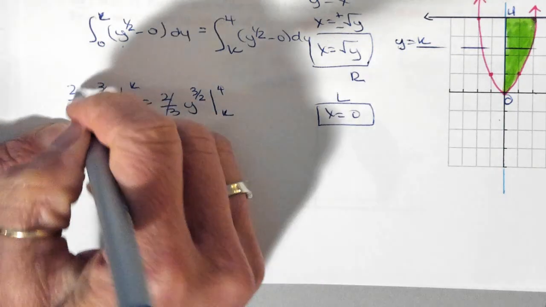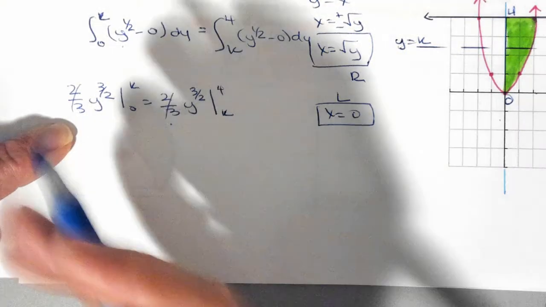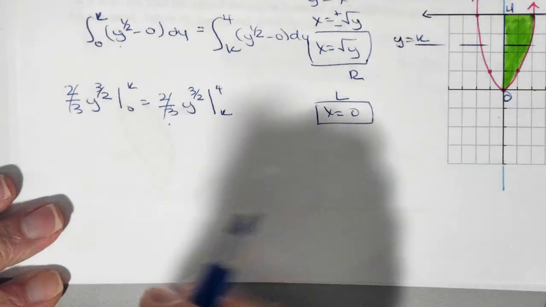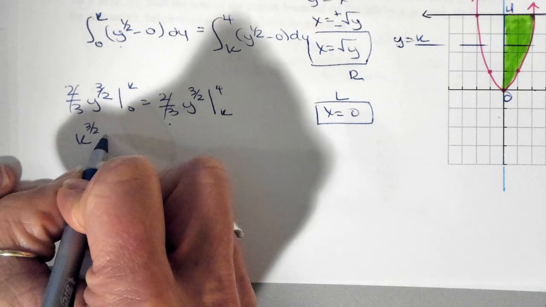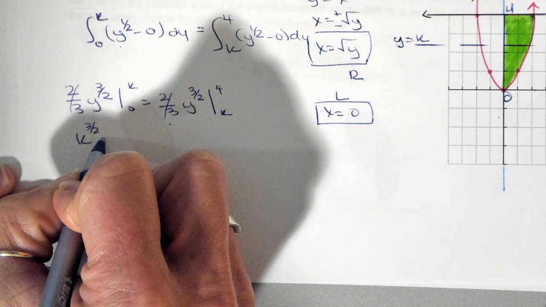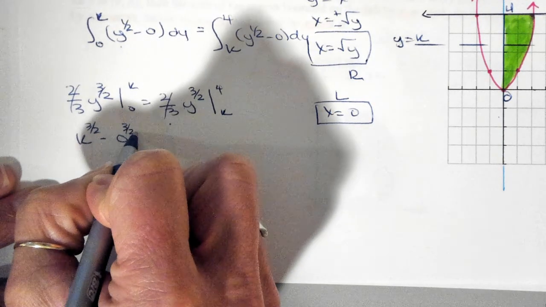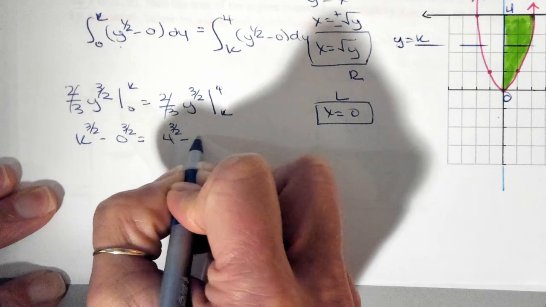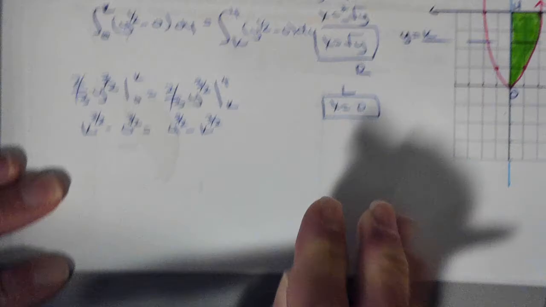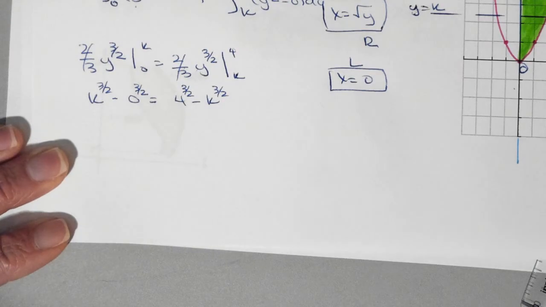Yep, they drop out. Because if I move this one here or this one here, they're going to cancel. Okay, so now we need to evaluate. This is k to the 3/2 minus 0 to the 3/2 is equal to 4 to the 3/2 minus k to the 3/2. All I did was use f of b minus f of a.